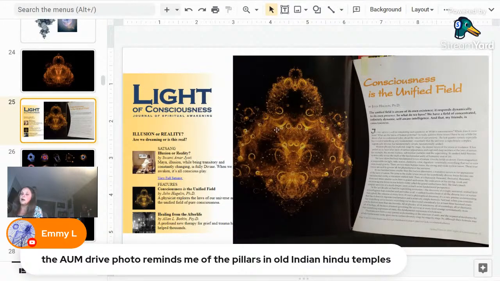And so when I got the magazine, it was connected to an article called Consciousness is the Unified Field by John Hagelin. Now, John Hagelin was one of the physicists from The Secret, right? From Down the Rabbit Hole, from The Secret.